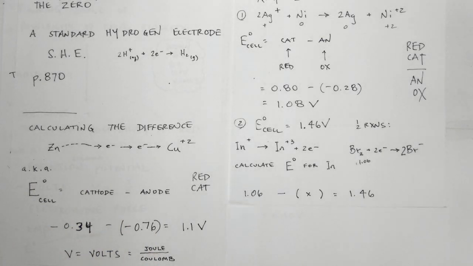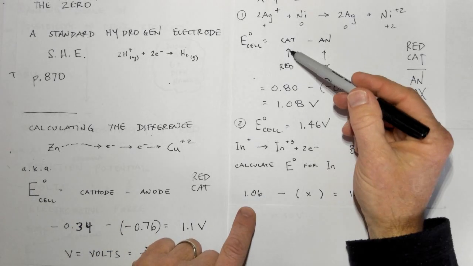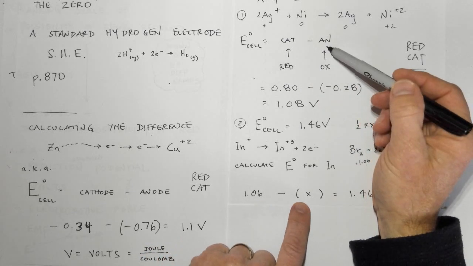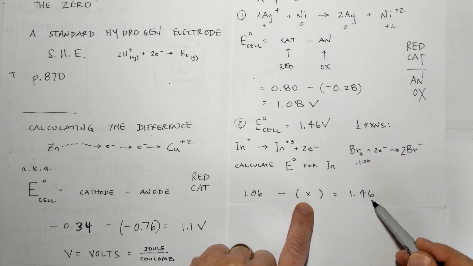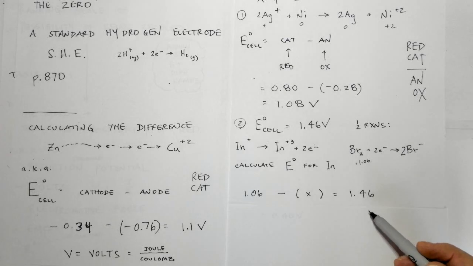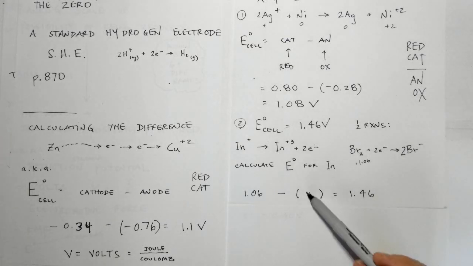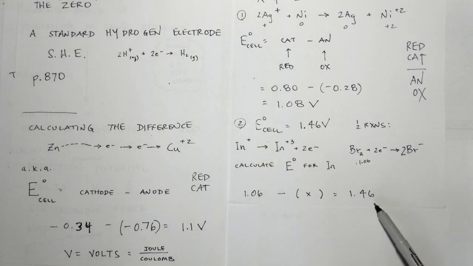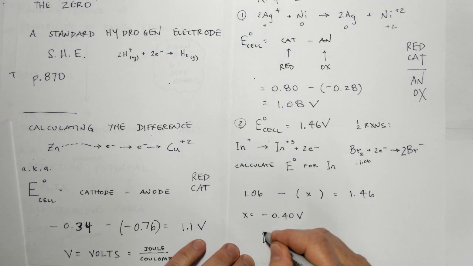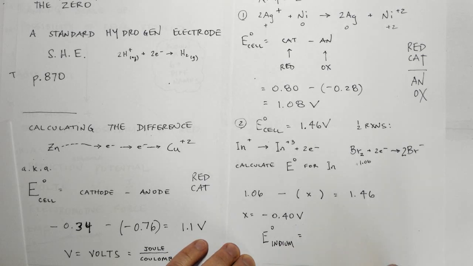And so we would take 1.06 as our cathode minus our anode, and that's going to equal 1.46. Since we want to know x right here, we would subtract 1.06 from both sides. Remember that there's a minus sign right here. Change the signs, and then x would equal negative 0.40, and therefore our E of indium at standard conditions would be negative 0.40 volts.